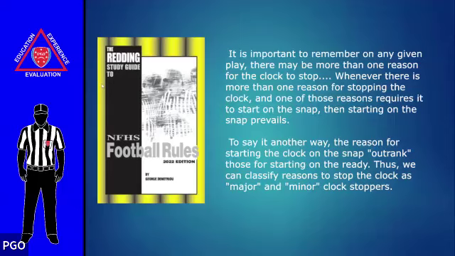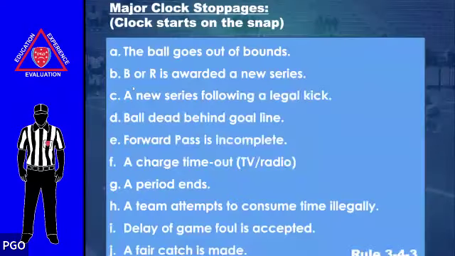To say it another way, the reason for starting the clock on the snap outranks those for starting on the ready. Thus, we can classify reasons for stopping the clock as major and minor clock stoppages.